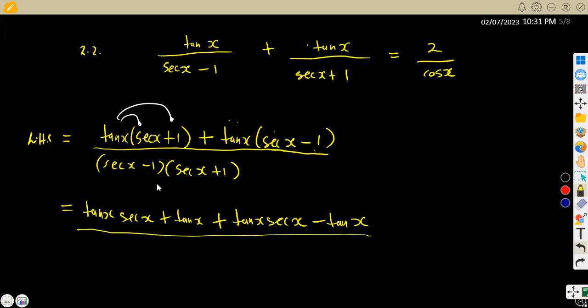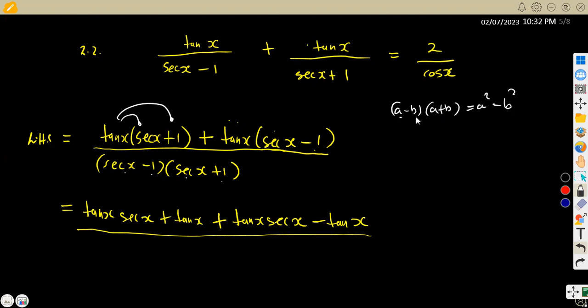Then in the denominator, we can rewrite as it is, but there's something happening between these. This is sec x minus 1 times sec x plus 1. From our difference of two squares, a minus b times a plus b, as long as the two are the same but one bracket subtracts and the other adds, this was taken from a squared minus b squared.